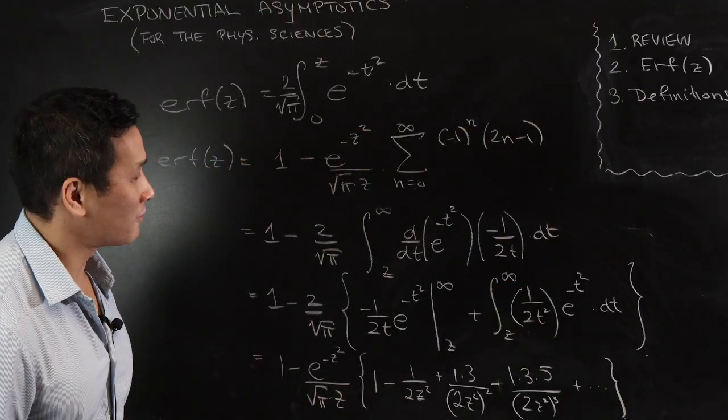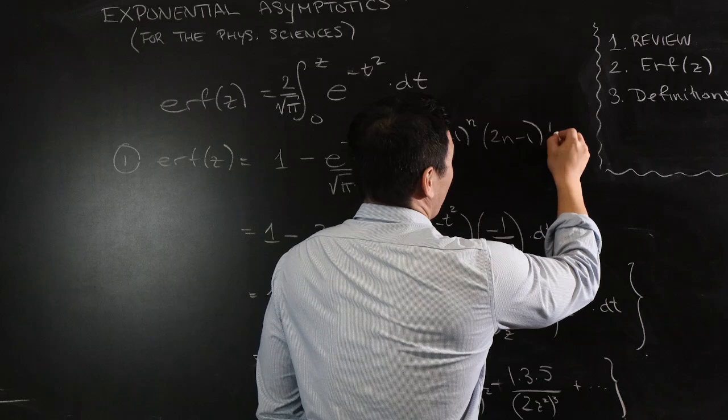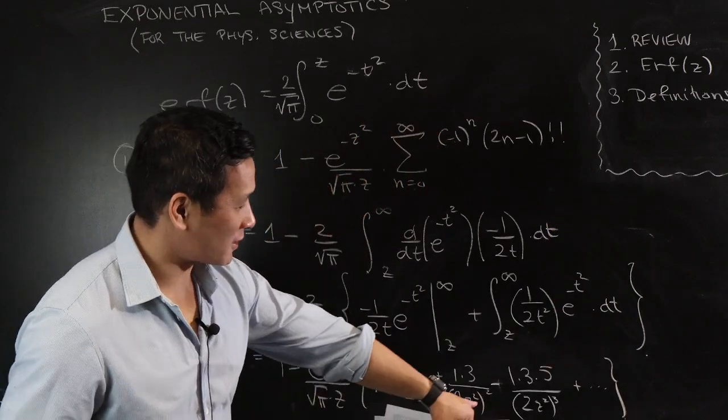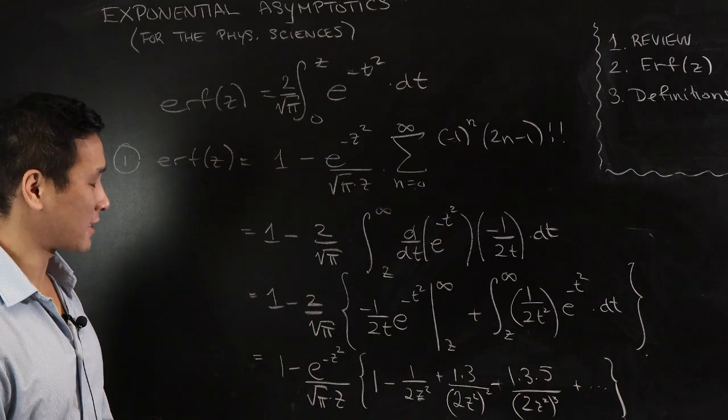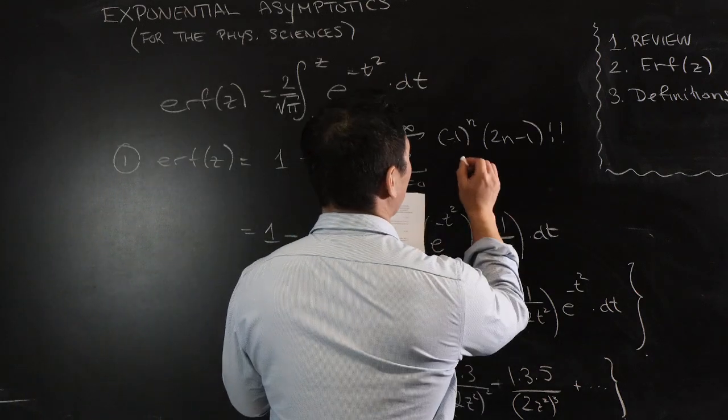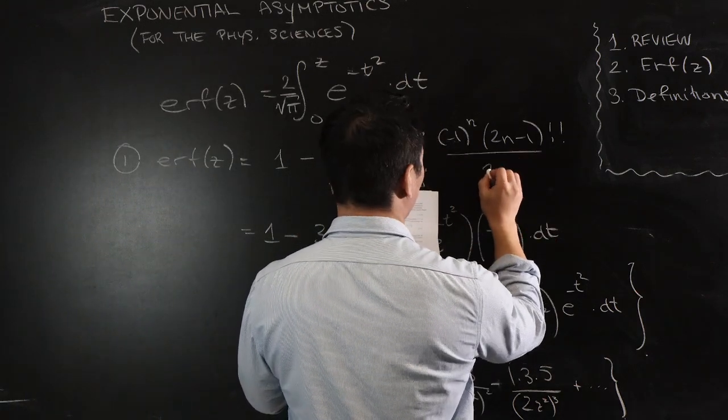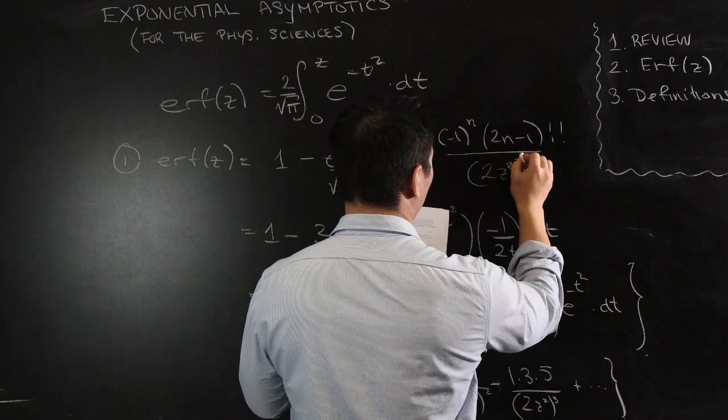Sometimes, if you've seen this notation before, that's what a double factorial is, if it goes down in steps of 2 instead of steps of 1. And then this is over (2z squared) to the n.